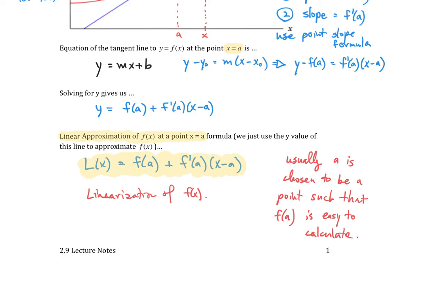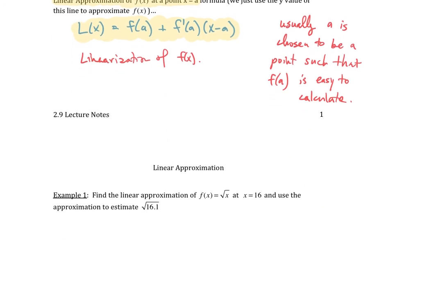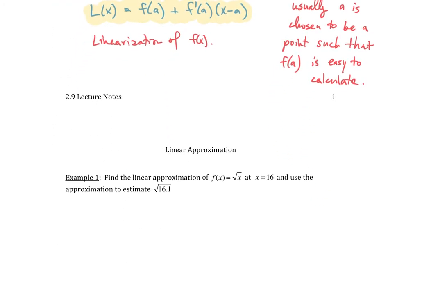Now let's look at an example of this in action so you'll understand what I mean by my comment up there. So in example 1, we're asked to find the linear approximation of the square root function f of x equal to the square root of x at x equal to 16 and use the approximation to estimate the square root of 16.1.